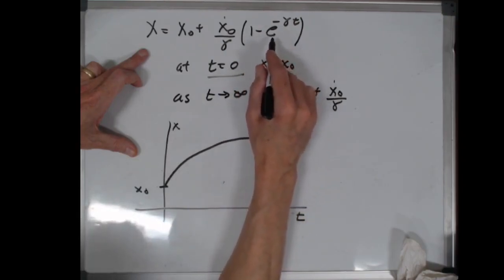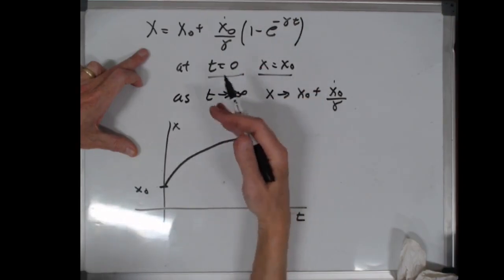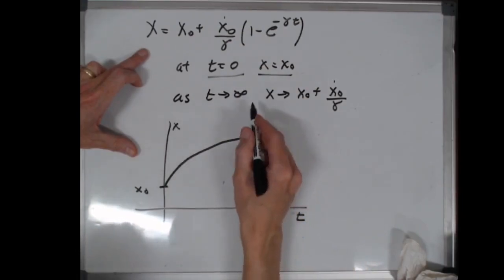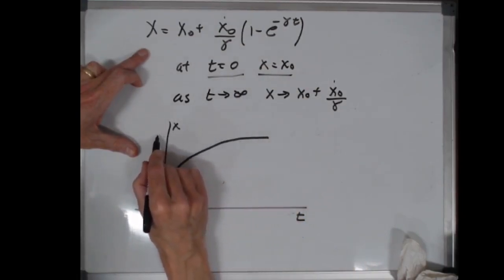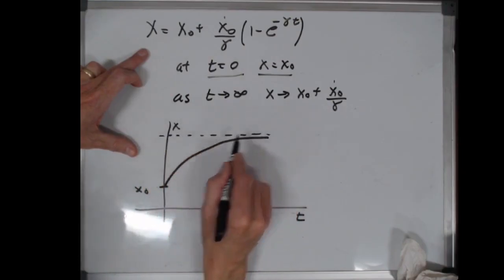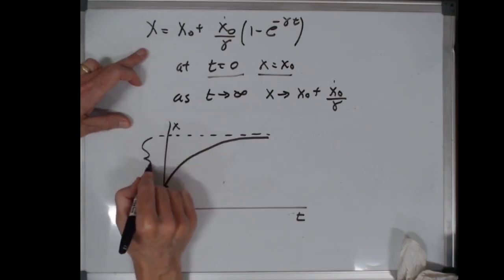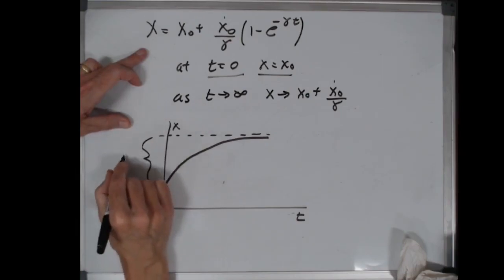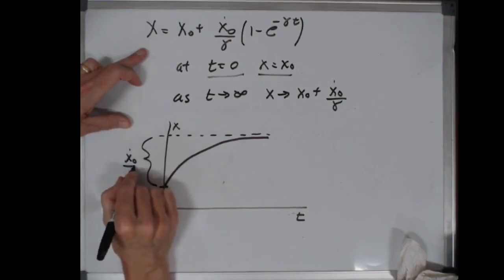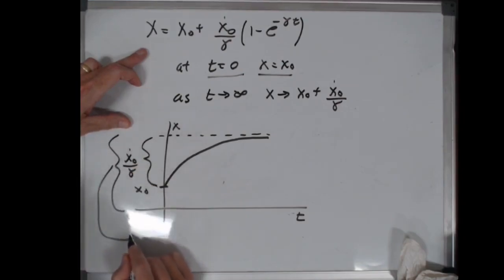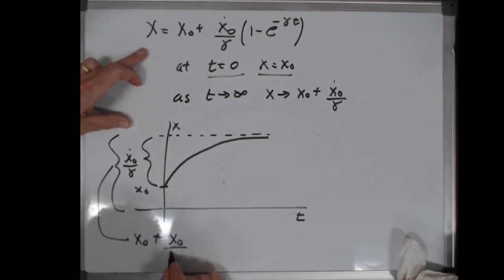It's 1 minus a decaying exponential function, and so instead of the decaying exponential function going like this, it goes like this because it's 1 minus, and it's asymptotically approaching a position up here, and this position up here is x naught dot over gamma, and so this whole height is x naught plus x naught dot over gamma.